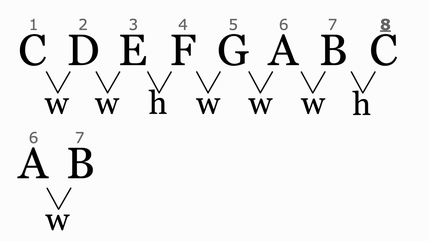Now with the C, we're not going to start on the octave. We're going to start back on the first C with the number 1 above it. When we get into ninths and 11ths and 14ths, which we will get into, leaving that 8 there will make more sense.